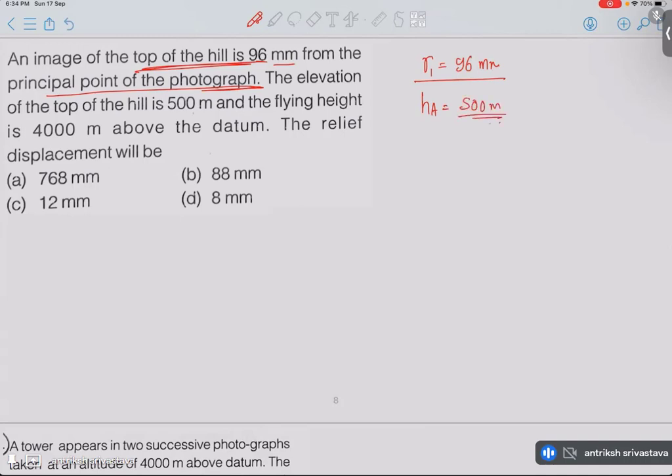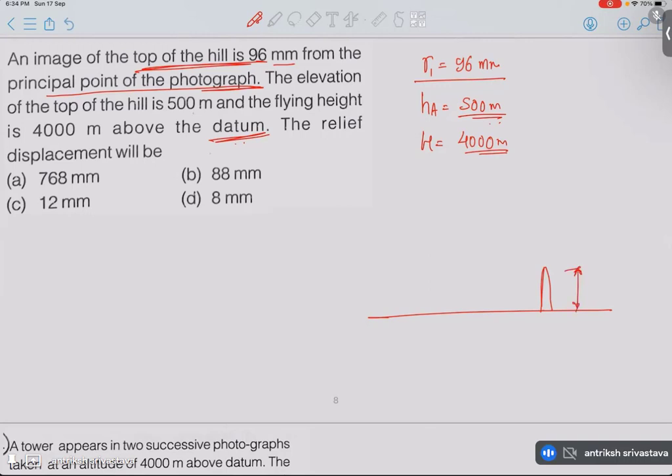And the flying height is 400 meters. So our flying height is 400 meters above the datum. Okay, so they have given that this is above the datum. So the relief displacement will be, so what have we been given? Let's say this is the datum and our tower goes to the bottom of the datum.